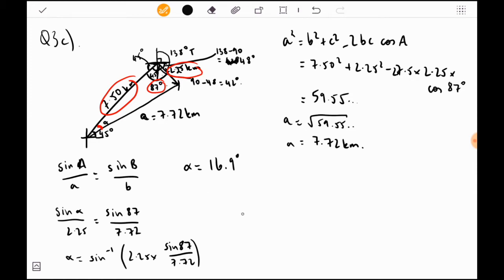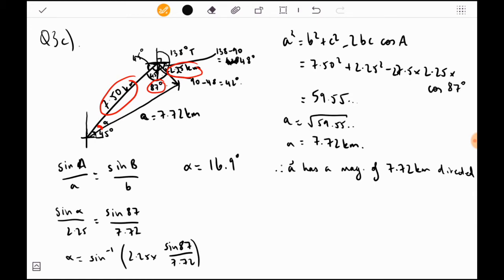So therefore, A has a magnitude of 7.72 kilometers directed. Now, to find the true bearing, we need to go from the vertical down to this angle here.